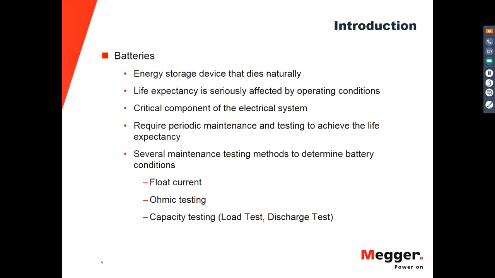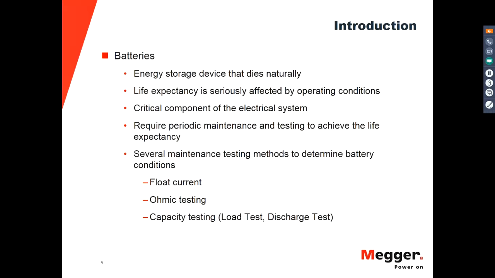Standards and industry practices have several maintenance testing methods to determine the condition of the battery and to determine if the specifications of the battery are being met, or if the quality of the batteries is really what we purchased, or to determine if the maintenance practices are being effective.